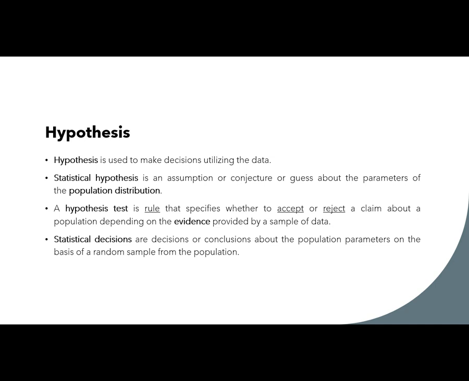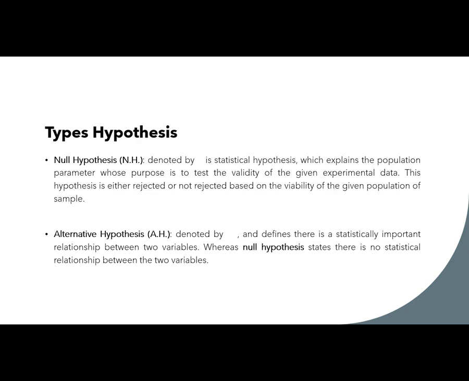So let's move on. There are two types of hypothesis, which are null hypothesis and alternative hypothesis. A null hypothesis is a measure that is considered from the whole data.